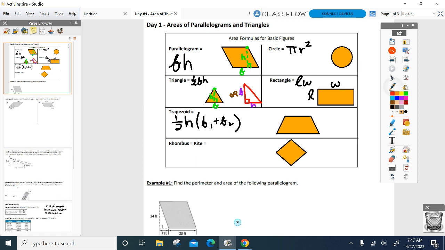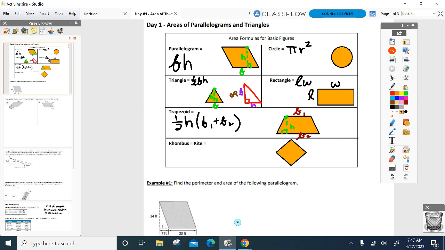And then again, what's the height? It comes from a vertex perpendicular to the opposite side. And the bases are the two parallel sides. I don't know if you remember that from our quadrilateral unit. Your bases are the two parallel sides in a trapezoid. We'll touch on that tomorrow.